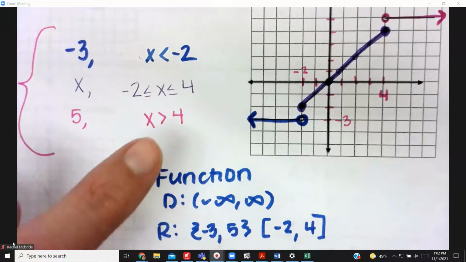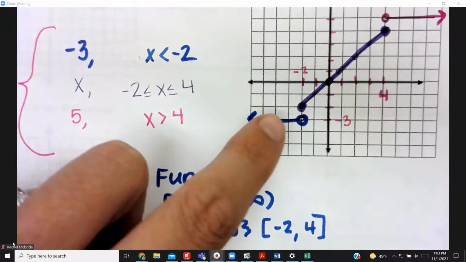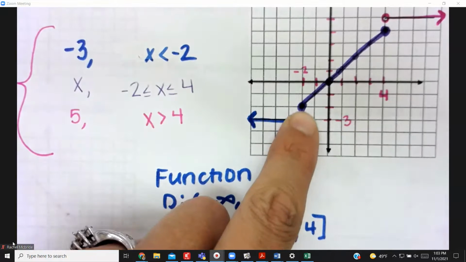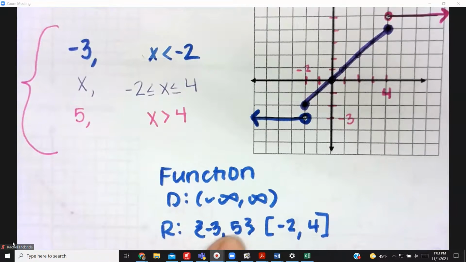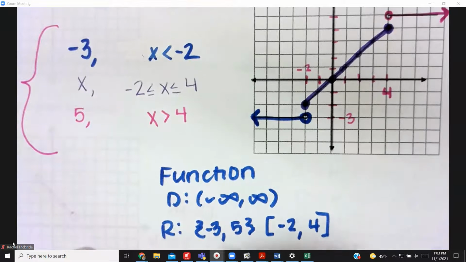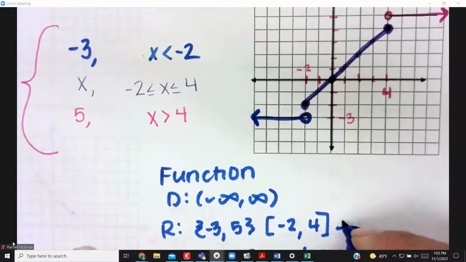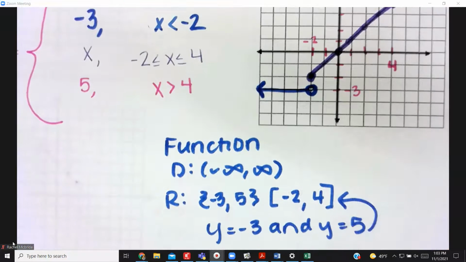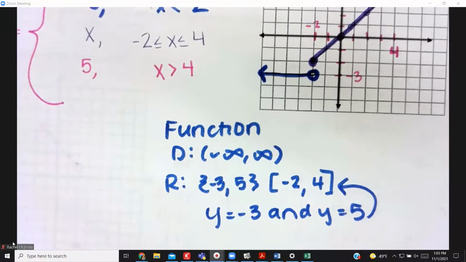But there's no values from negative 3 to negative 2. These are like sets. These are just saying y equals negative 3 and y equals 5, as well as all values from negative 2 to 4.